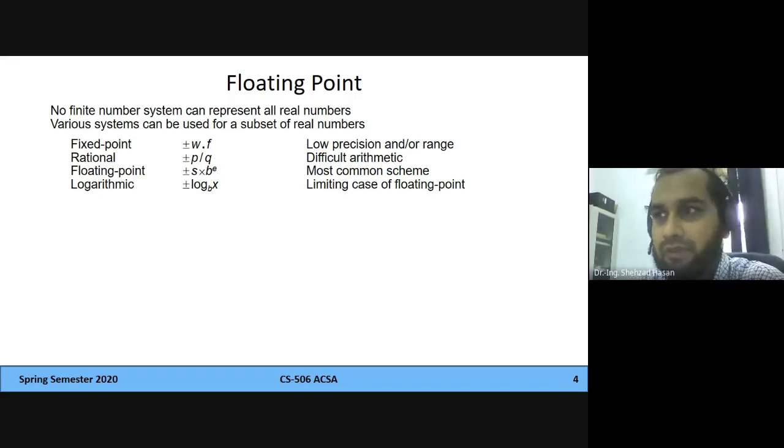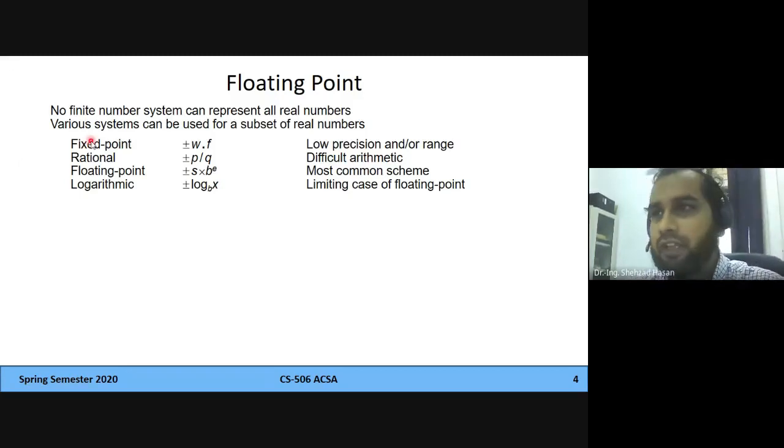Fixed point number system. When you talk about fixed point number system, you have those bits. For example, in the case of computer arithmetic, you're always going to have some fixed size for storing a number. So if you have got 16 bits or maybe 32 bits to store a number, you are going to reserve some of the bits for the integer part and some of the bits for the fractional part, which is mentioned over here.